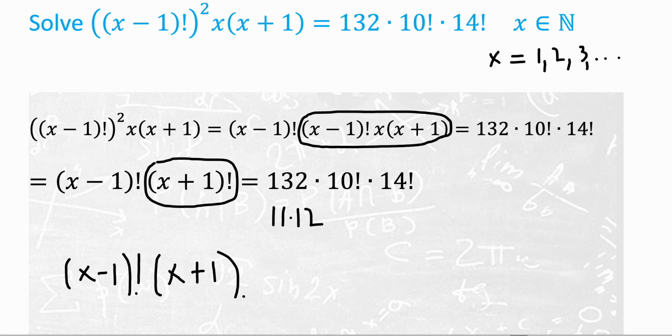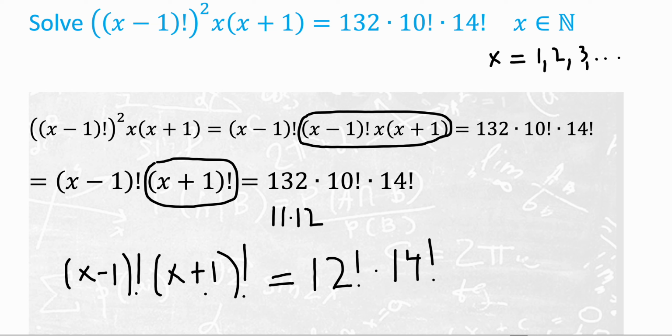Okay, and then just again from the definition of factorial, this would become 12 factorial. And I'm using a dot here to connote multiplication. Dot, multiply, 14 factorial. And now we have it in a very so-called tractable, or I guess simple form.